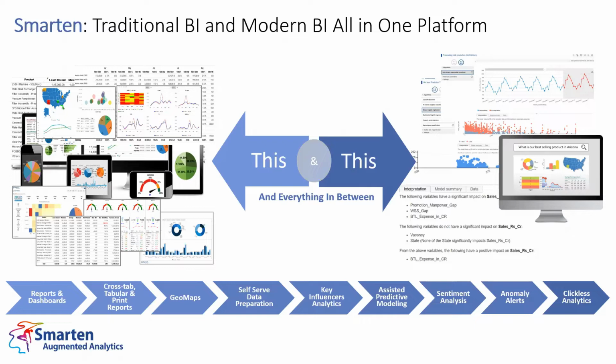And this is not just column based filters. It will understand all your questions related to season or festivals or time series, and all your WH questions. So it understands how humans interact in normal language. These are the components which are within Smarten.